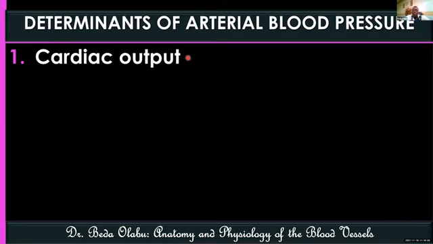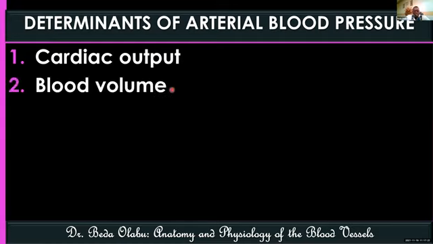Remember, cardiac output is the amount of blood that flows out of either ventricle in 1 minute. It's a function of heart rate and stroke volume, which means stroke volume affects blood pressure. Heart rate affects blood pressure. If the heart rate is high, the blood pressure will be high. If the stroke volume is high, blood pressure will be high.